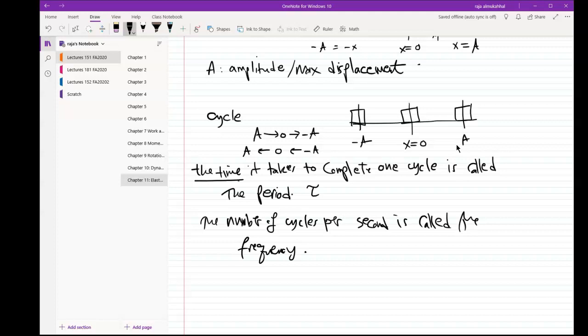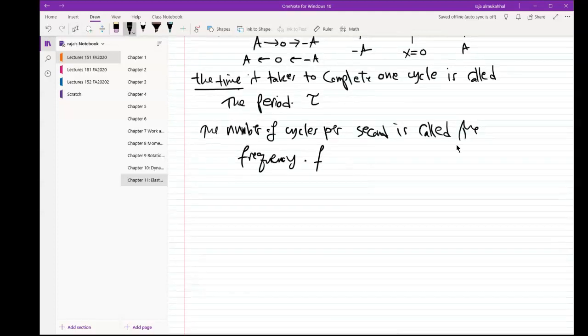And the frequency, the symbol for it is small letter f. And period and frequency are related by this simple relationship: the period is the reciprocal of the frequency, and the frequency is the reciprocal of the period.